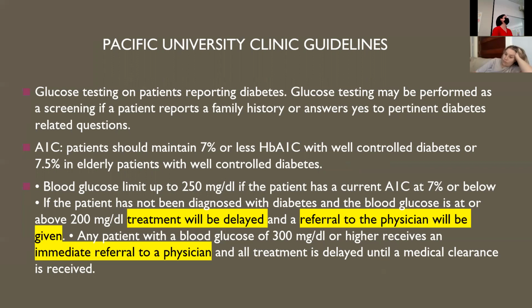You are doing them a service to screen them. I know it's like, oh, I don't want to poke my patient, but it's probably the best thing. It's like taking their blood pressure. If they never have it done anywhere else, then you're really doing them quite a good service.